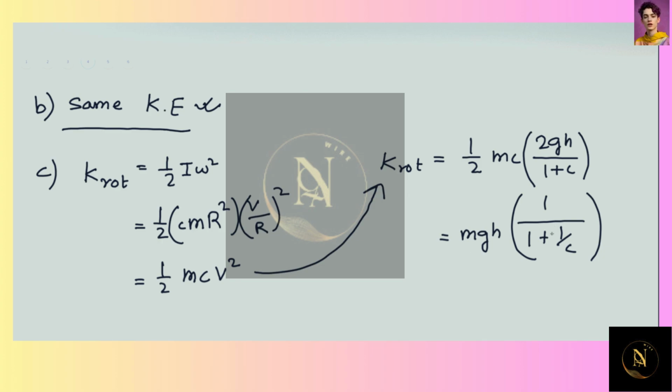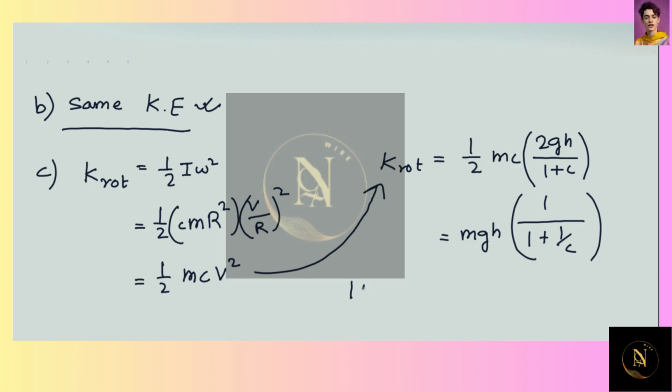So first, what does that equation tell you? We have mgh, which is constant, so the rotational part entirely depends on this c, right? And to get the highest rotational kinetic energy, this must be lowest, right?